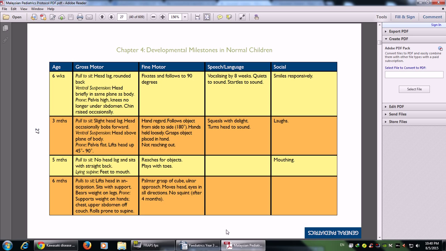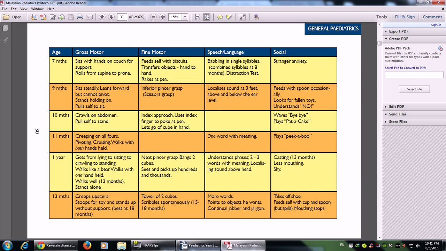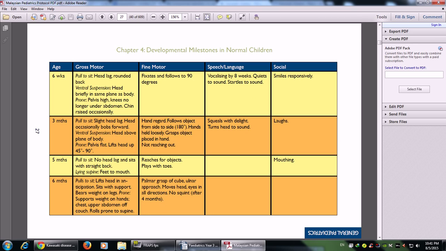So this also comes from the Malaysian pediatric protocols. So we identify the developmental milestones in normal children. So pull to sit, is there head lag or rounded back? How many weeks can the baby pull to sit? How many weeks can the baby prone? Okay. Pull to sit or everything like that. I just scroll through it. You can read yourself.